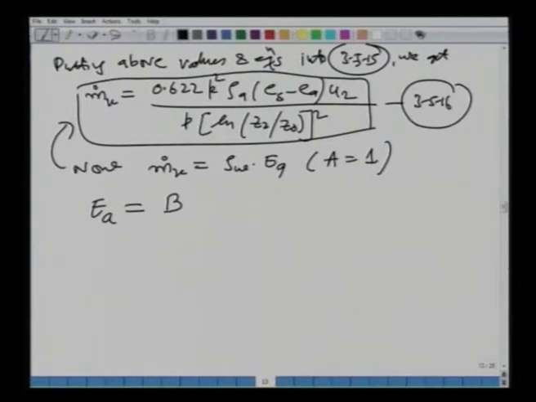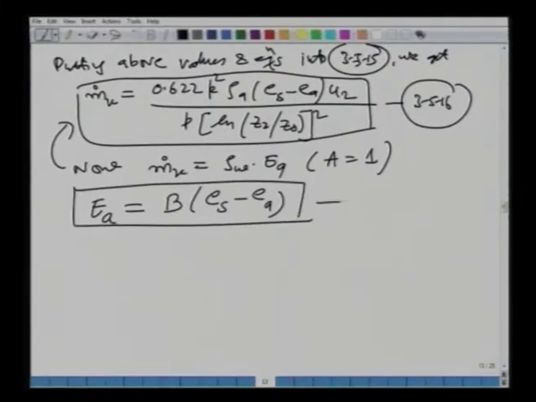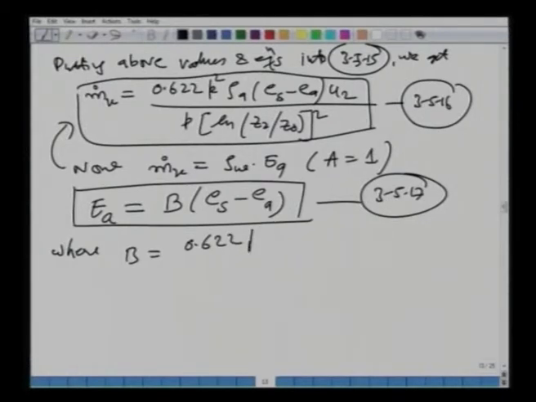E_A is equal to some constant B times (E_s minus E_a). So, this is your compact final little expression 3.5.17, where what is the value of B? B is called a constant which combines all those things: 622 k square, von Karman constant 0.4 square, times rho_a times U2.